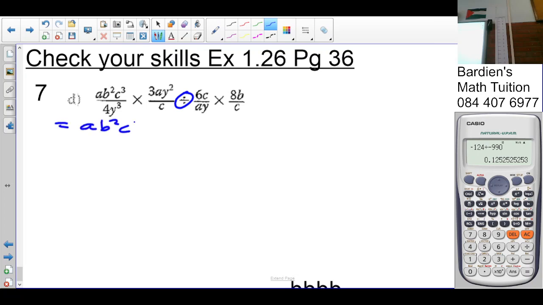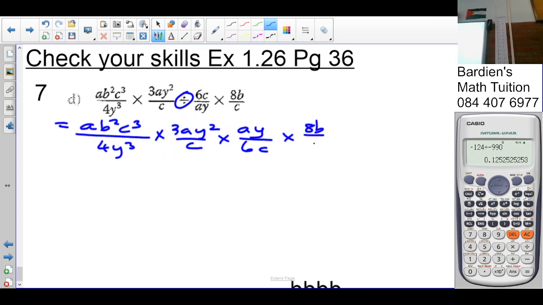So it's A B squared C cubed over 4y cubed times 3a y squared over C times a y over 6c times 8b over c. So what do I do here now? The numbers. 3 goes into 3 once, 3 goes into 6 twice. 2 goes into 2 once, 2 goes into 8, 4 times. That 4 cancels that. So in terms of the numbers, there's nothing left.